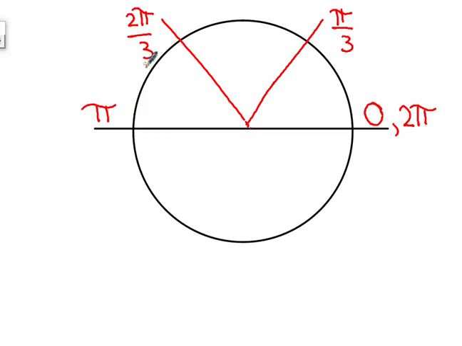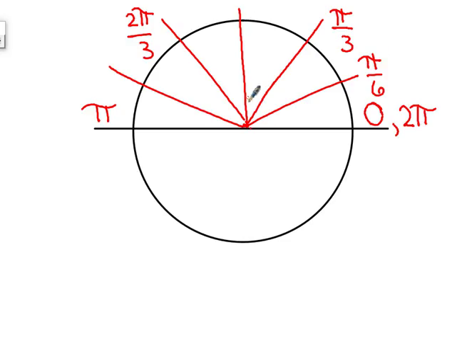Let's go ahead and now divide this into sixths, like we said we're going to do. So we're dividing each of those thirds in half again. And I'm not using a protractor to actually measure these out, so I'm drawing their approximate locations. I divide pi over 3 in half, so that gives me 1/6 of pi. We already named this guy up here.